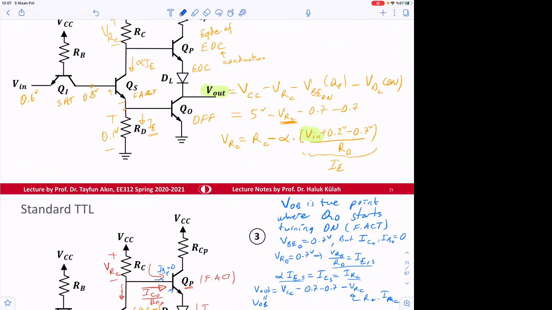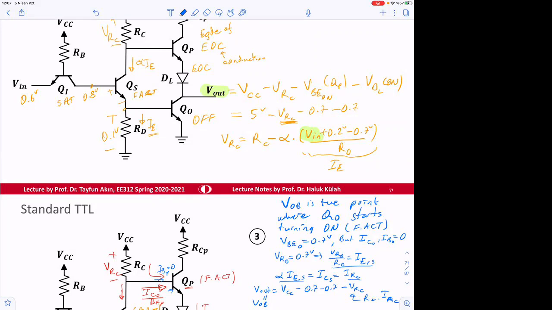So once you understand the concept, determining the transistor states or diode states is not going to be complicated anymore, because you know that when input is 0, Q1 becomes SAT. Why? Because the base cannot have negative current, therefore Q1 collector current is going to be 0, so that means Q1 is SAT.